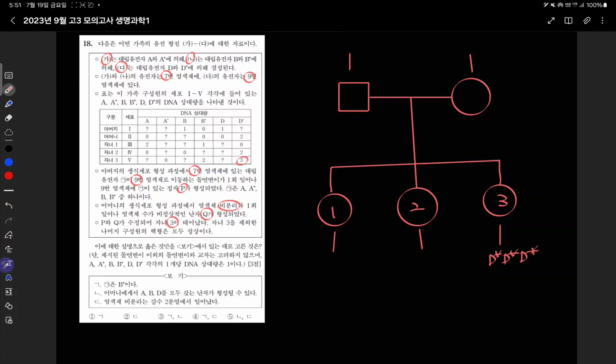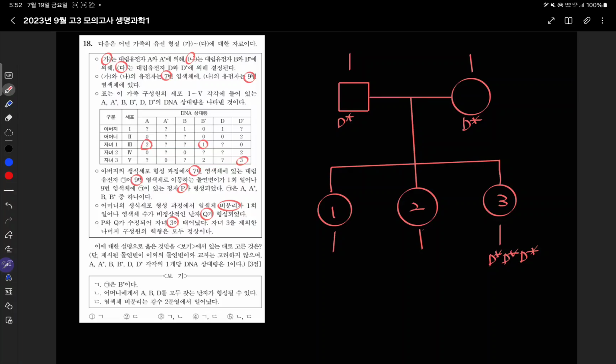And this means father and mother should have at least one D asterisk allele. And if we look at child number 1, in the cell of child number 1, there is an even number of A allele and odd number of B asterisk allele.